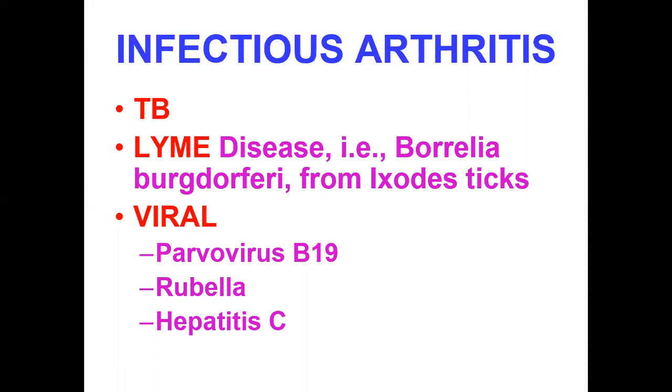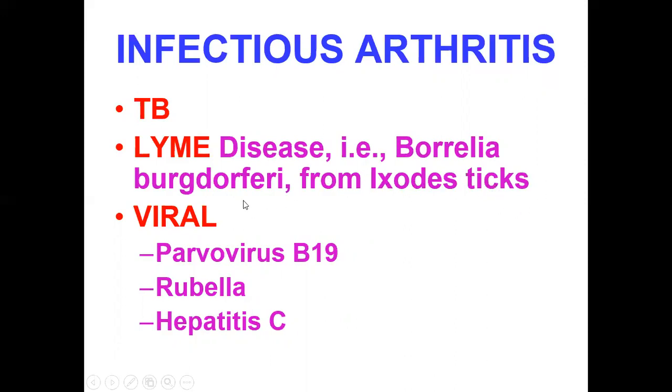Other infections which may cause arthritis include mycobacterial tuberculosis. A patient with pulmonary tuberculosis may also show involvement of joints like the knee joint. Then Lyme disease is a spirochetal disease transmitted by ticks.